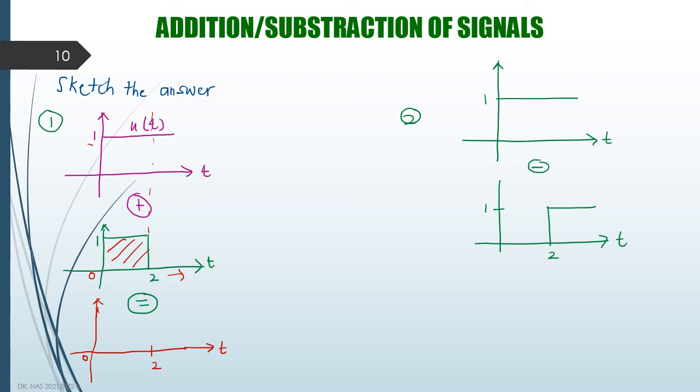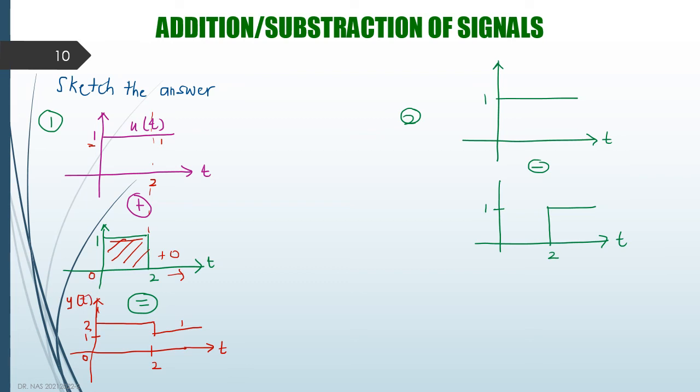You have the amplitude 1 plus 1, which becomes 2. And from 2 onwards, you have amplitude of 1 plus 0, equal to 1. So from 2 onwards, the amplitude is 1. So this is your signal.